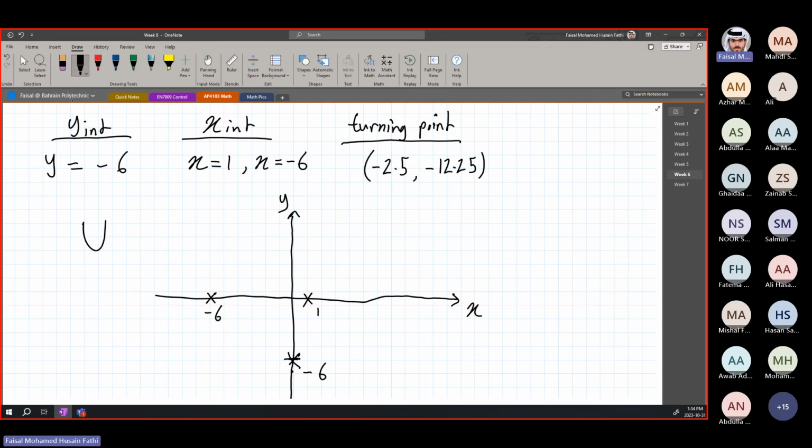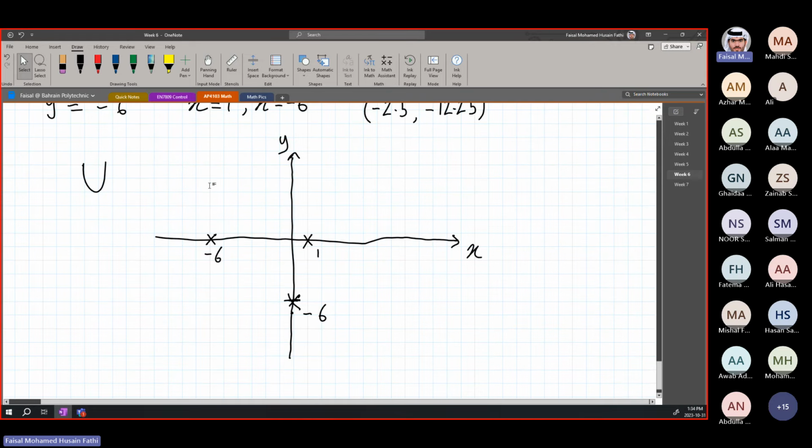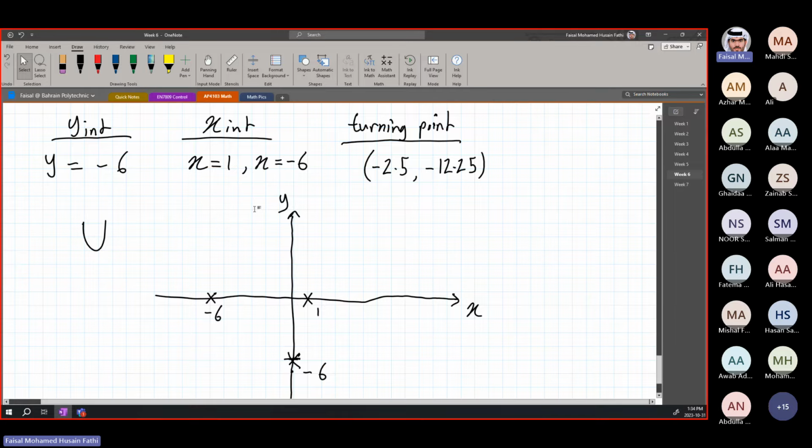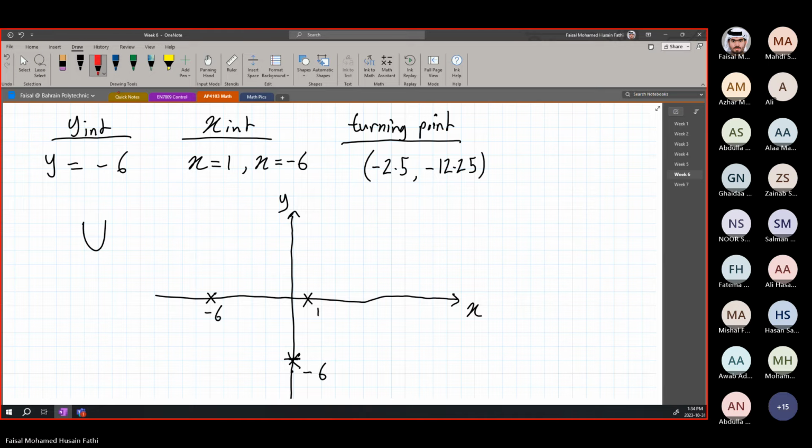Now, we plotted our intercepts. Now we have to plot the turning point itself. We know where the middle point, or the axis of symmetry of the curve, is. So the turning point is at minus 2.5. Let's say it's somewhere here.